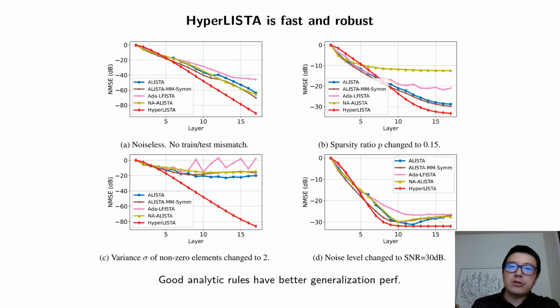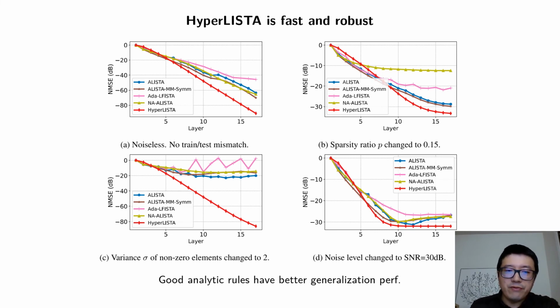And then we start to test on out of distribution, different kinds of out of distribution problems, which start to fail other methods, but this HyperLISTA stays robust. We change sparsity from 10% to 15%. So HyperLISTA still works really well.